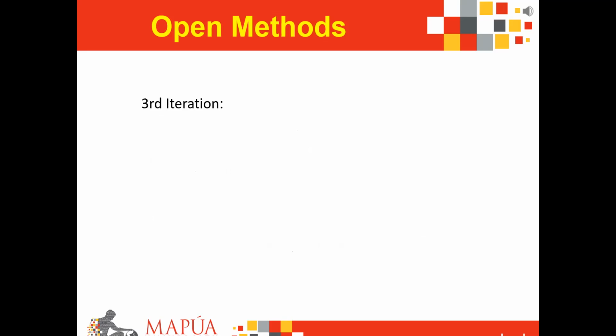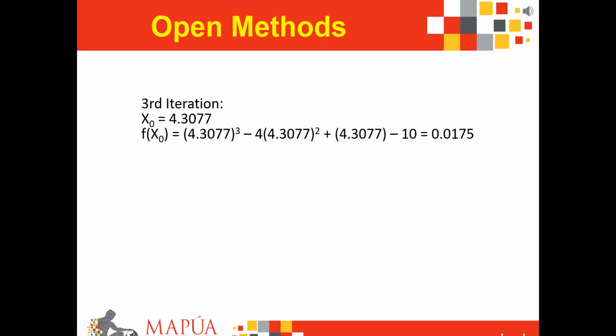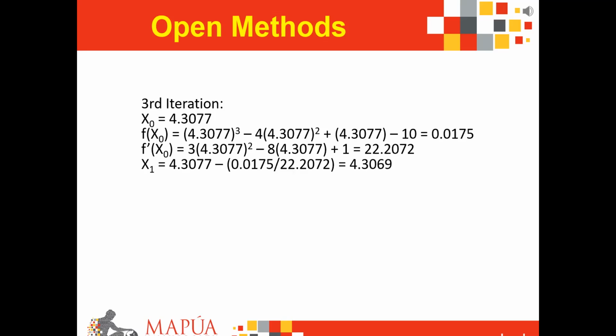Hence, on the third iteration, your x0 now is 4.3077. Substituting that to your function gives us this solution with a value of 0.0175. Substituting x0 to your first derivative gives us this solution, which gives you a value of 22.2072. We then use these values to solve for x1, giving us an x1 solution with a value of 4.3069.